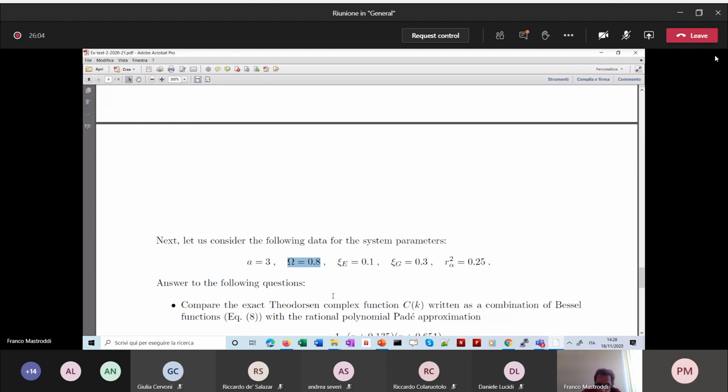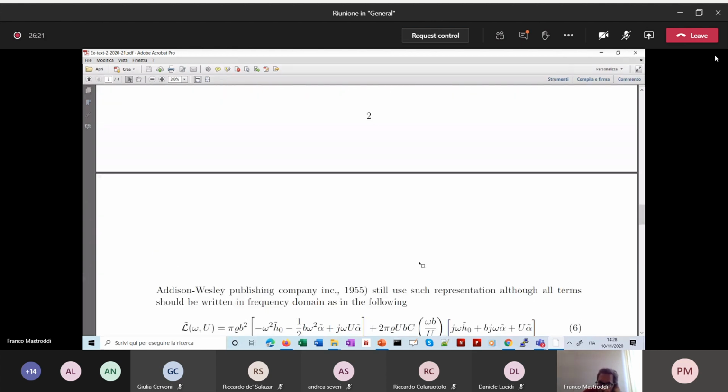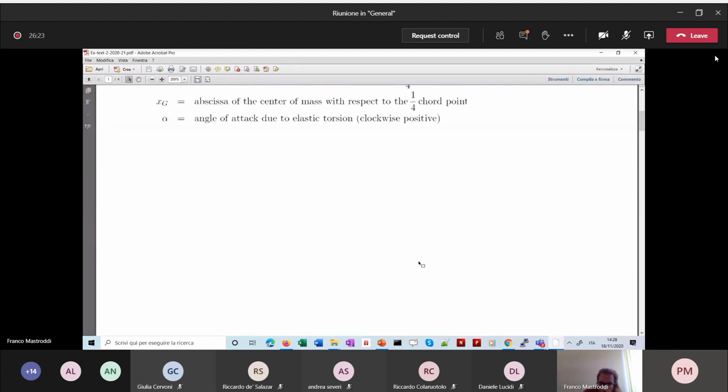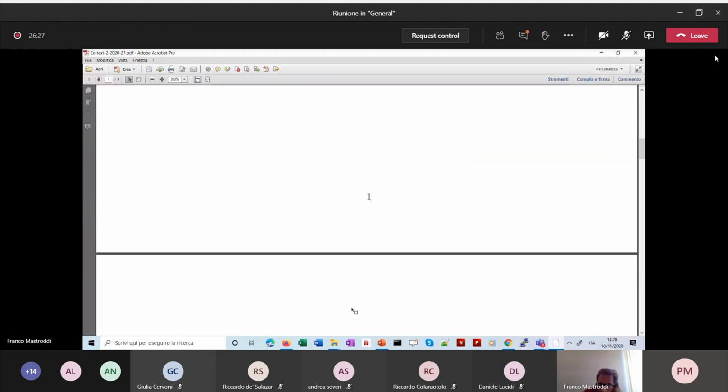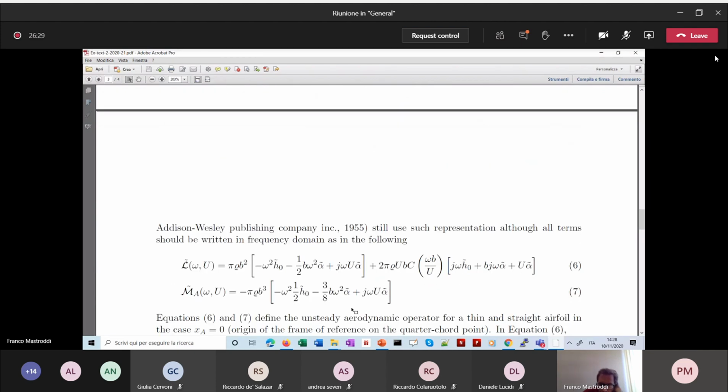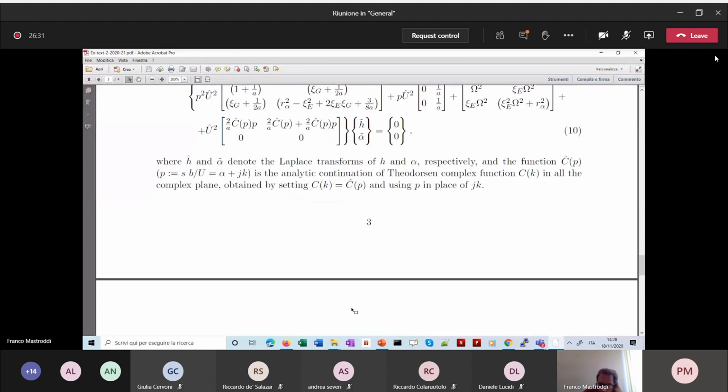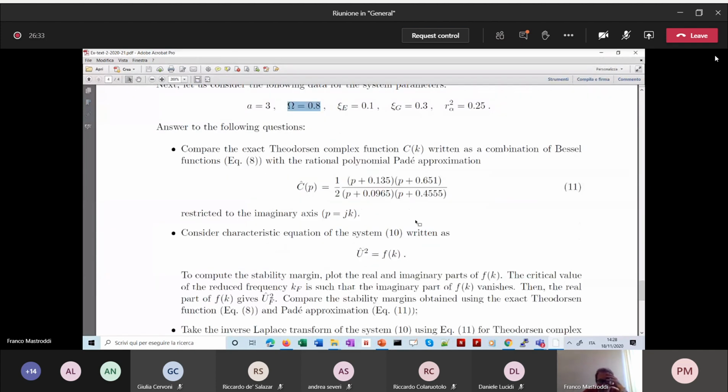And these two here are the offsets: the distance between the quarter chord and the elastic axis, and the quarter chord and the center of gravity. I don't have the typical section picture here, I don't know why. However, these offsets are assigned, and then an aeroelastic analysis is required.